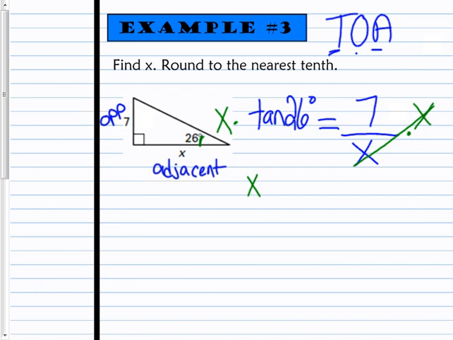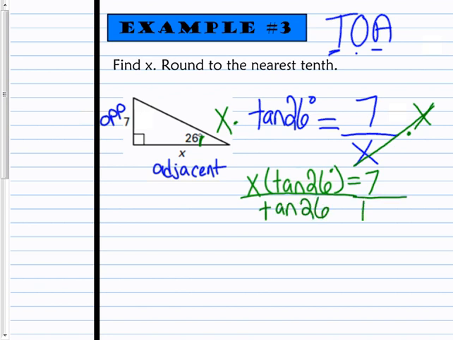So now I have x times the tangent of 26 degrees equals 7. But as you can see, x is still not by itself. So now I have to divide both sides by the tangent of 26. Okay? And by doing that, these cancel. So x is 7 divided by the tangent of 26 degrees.